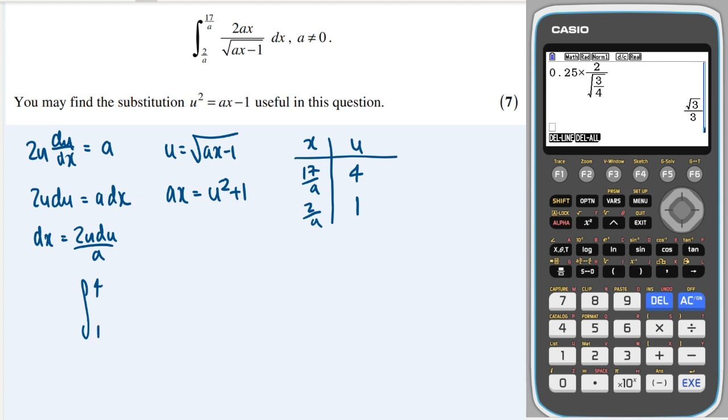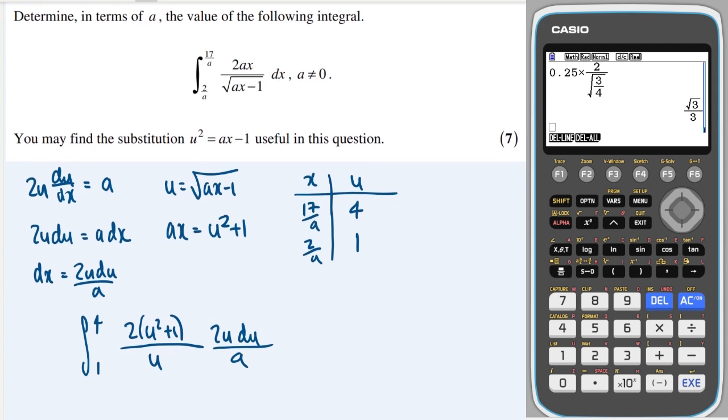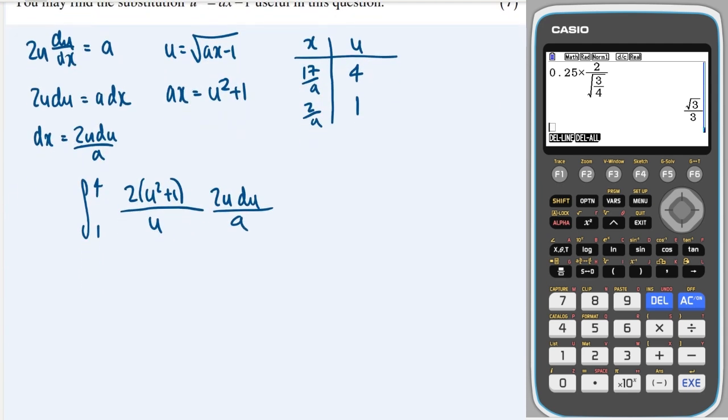We have on top 2ax, which is 2 lots of this, u squared plus 1. And on the bottom, we have the square root of ax minus 1, which we know is u. And dx is 2u du over a. Okay, great. Well, a is just a constant, so we can take that out.